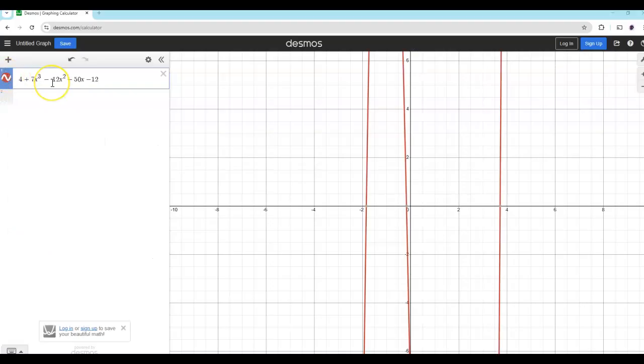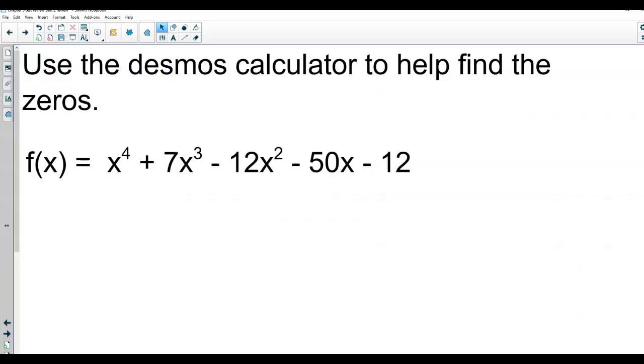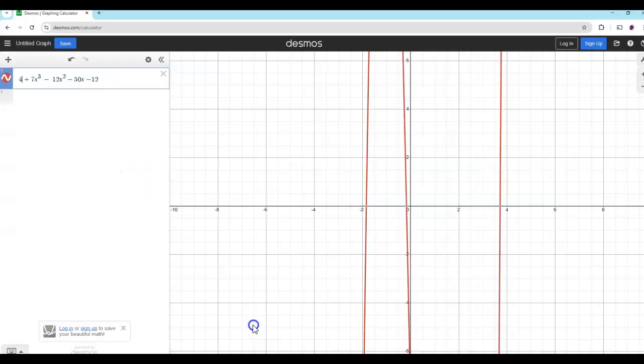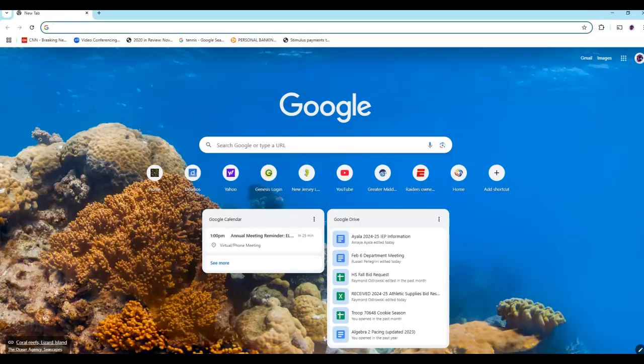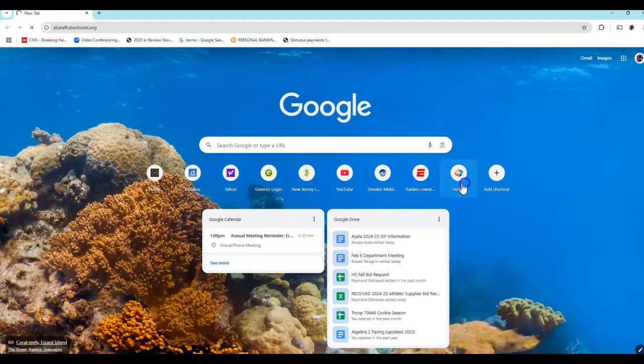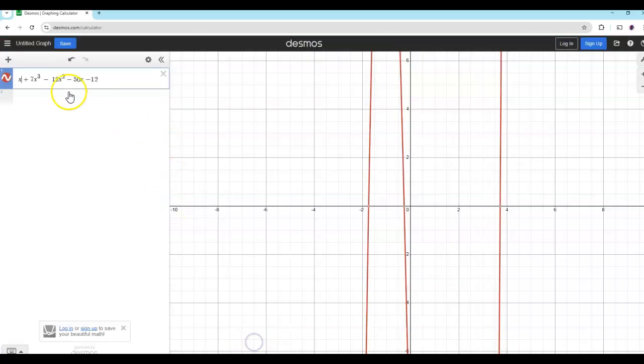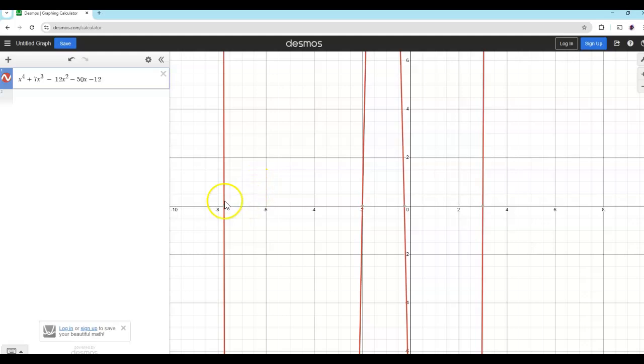Now, when they tell you to use your Desmos calculator, it's going to give you, hopefully, one rational solution at the very least. So when I plug this in correctly, okay.